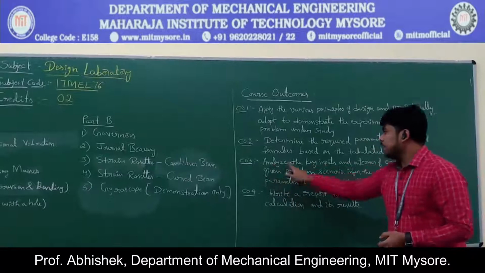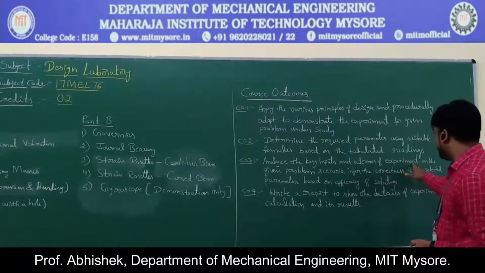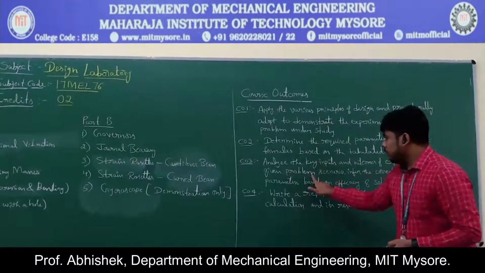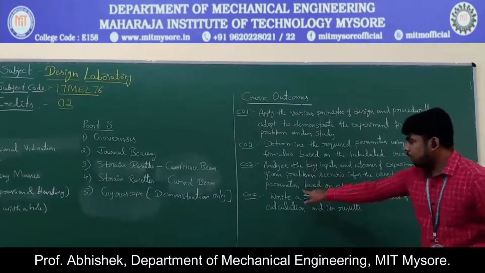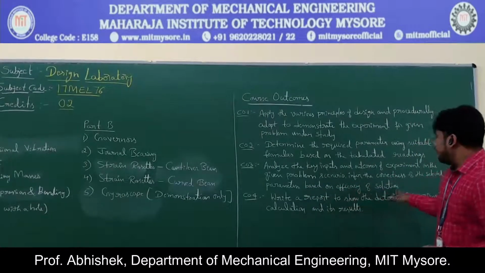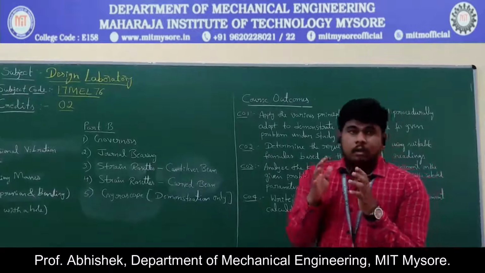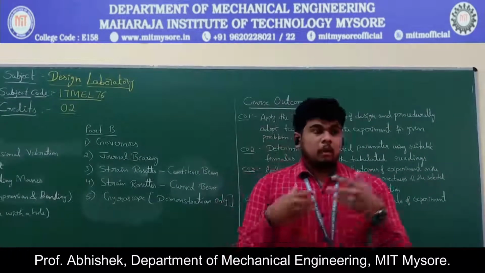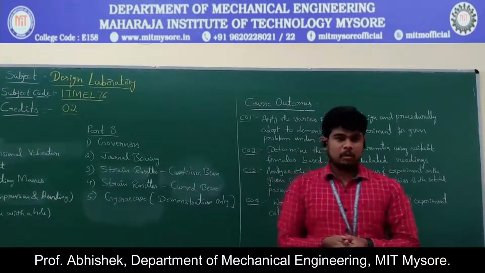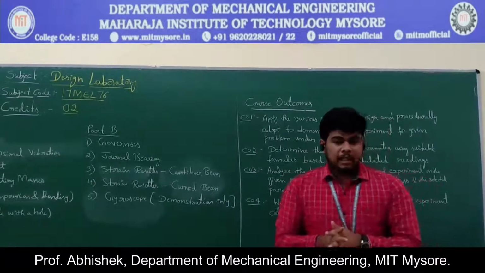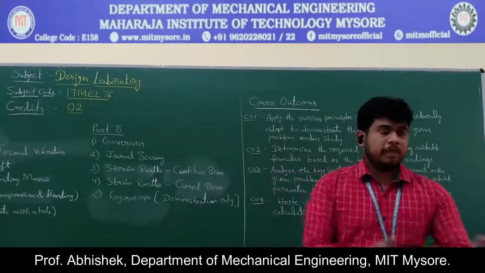Then analyze the key inputs and outcomes of the experiment on the given problem scenario, and infer the correctness of the selected parameters based on the efficacy of the solution. See, when you are going to learn about design and solve some design problems, you should always analyze what the input is and what output you have got from that input.